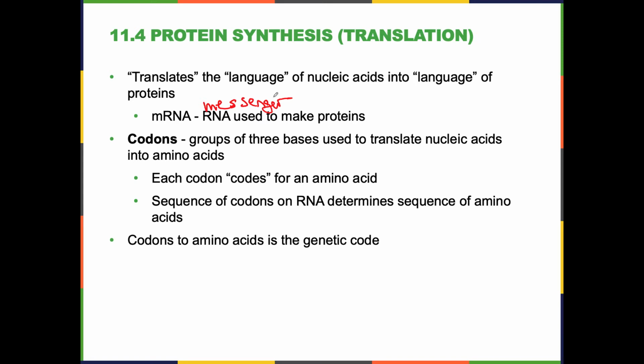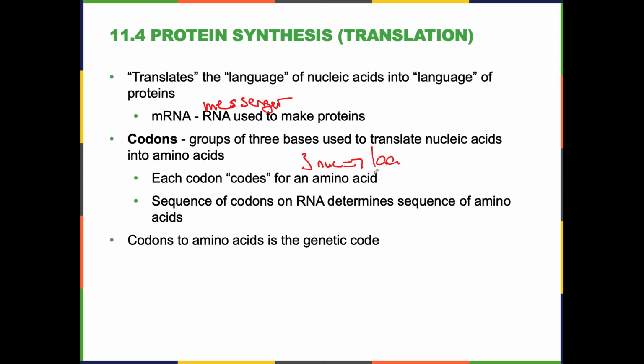When we now translate nucleic acids into proteins, we have to read it in words, and these words are called codons. Codons are groups of 3 nucleotides that we use to translate nucleic acids to amino acids. Basically, 3 nukes equals 1 amino acid. And we'll see how that works.